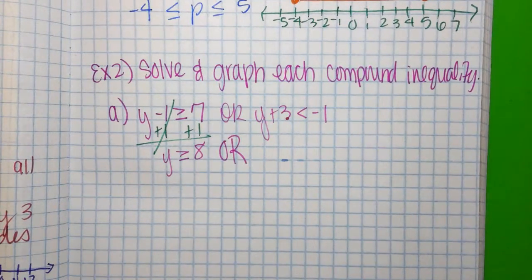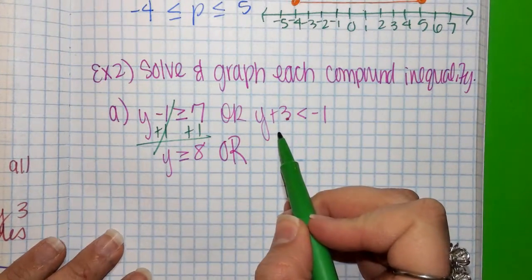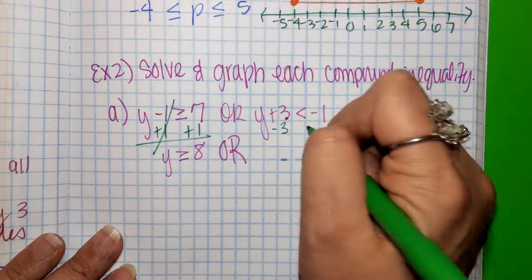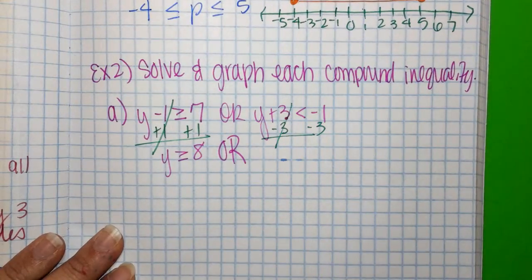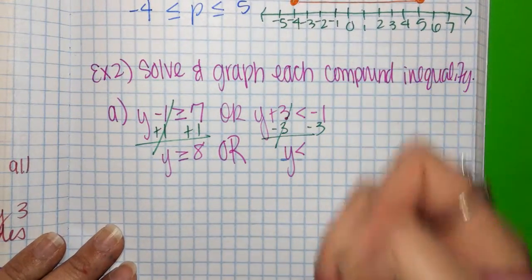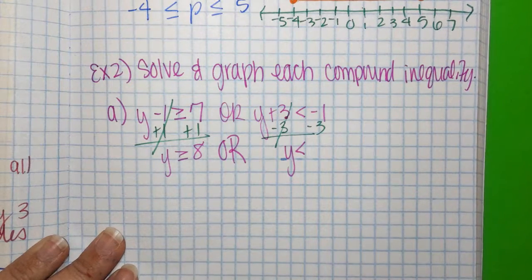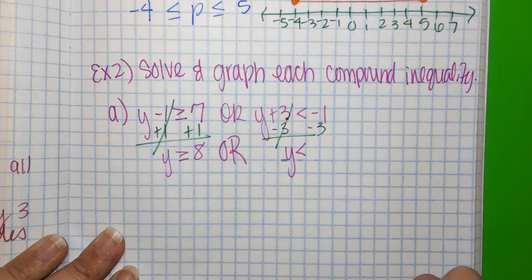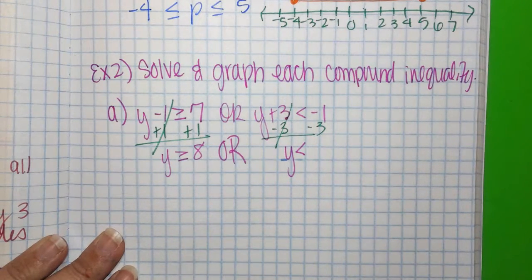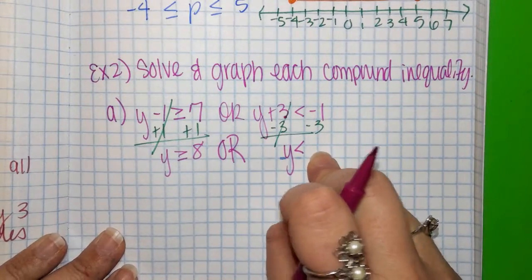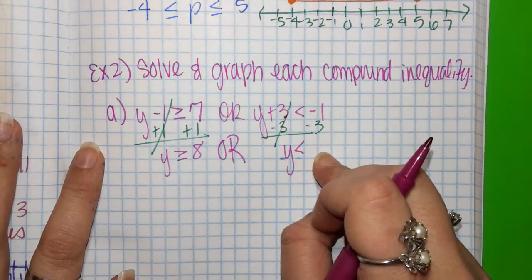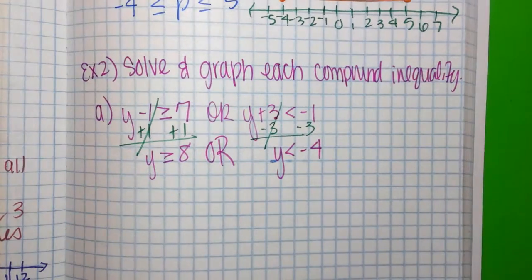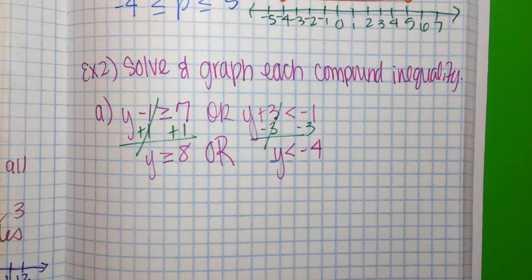Or, how would we solve this one over here? Subtract 3. Alright, what is negative 1 minus 3? Negative 4. Now, we solved it. What's our next step? Graph. Fantastic.